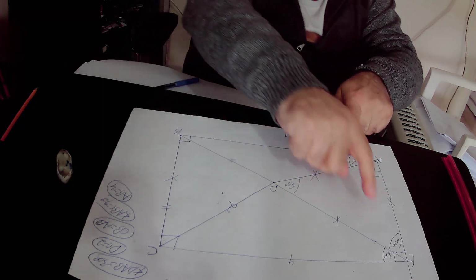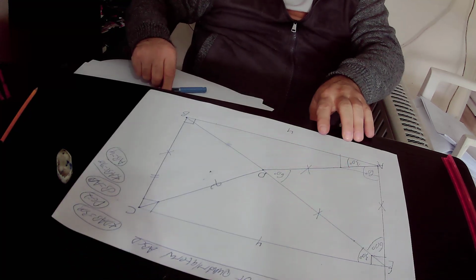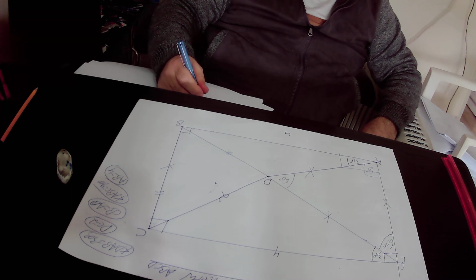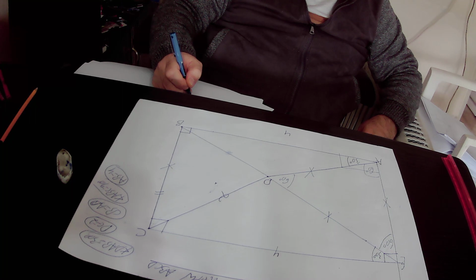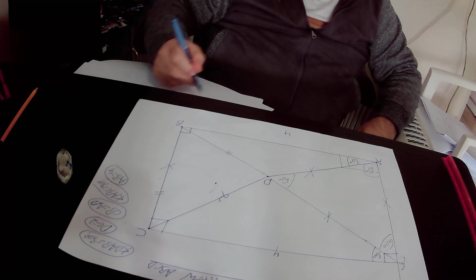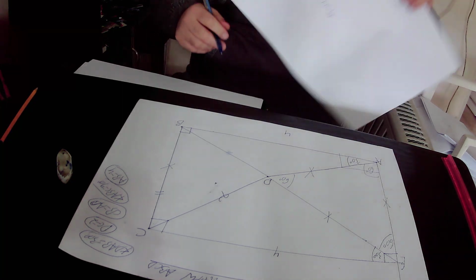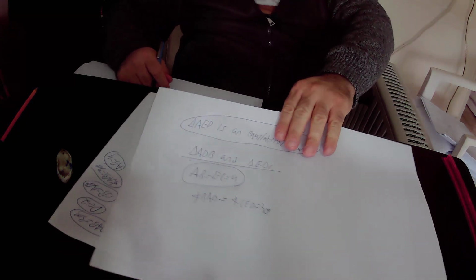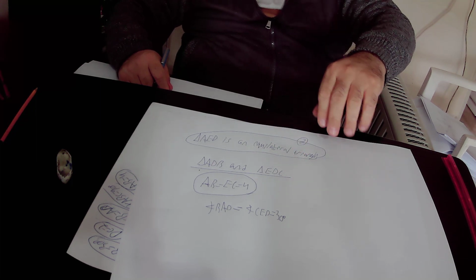We also know that those two angles are equal to each other, they are both equal to 30 degrees. So angle BAD equals angle CED, this angle, and they are both equal to 30 degrees. Angle BAD equals angle CED equals 30 degrees.